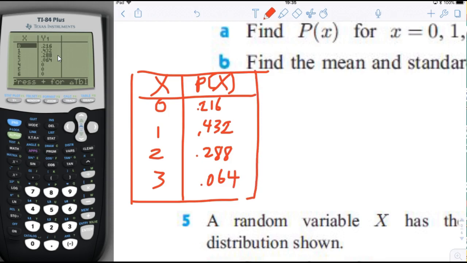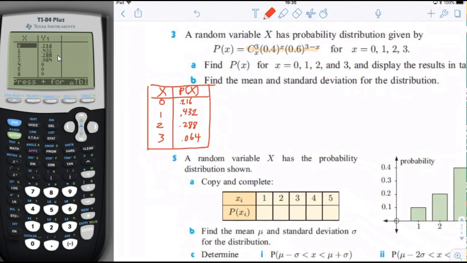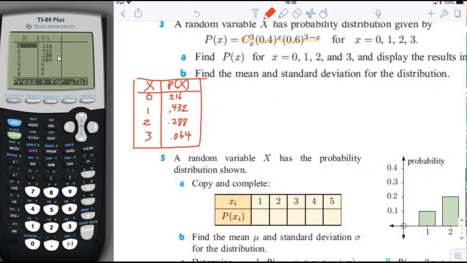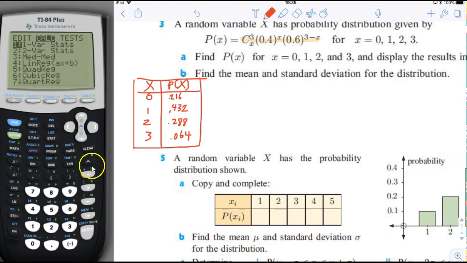Okay? All right. Find the mean and standard deviation for the distribution. So now we're going to find the mean. That's pretty easy, right? We could do that with stat calc or stat edit, but just so that we can see how to do it, I'm going to write it out.